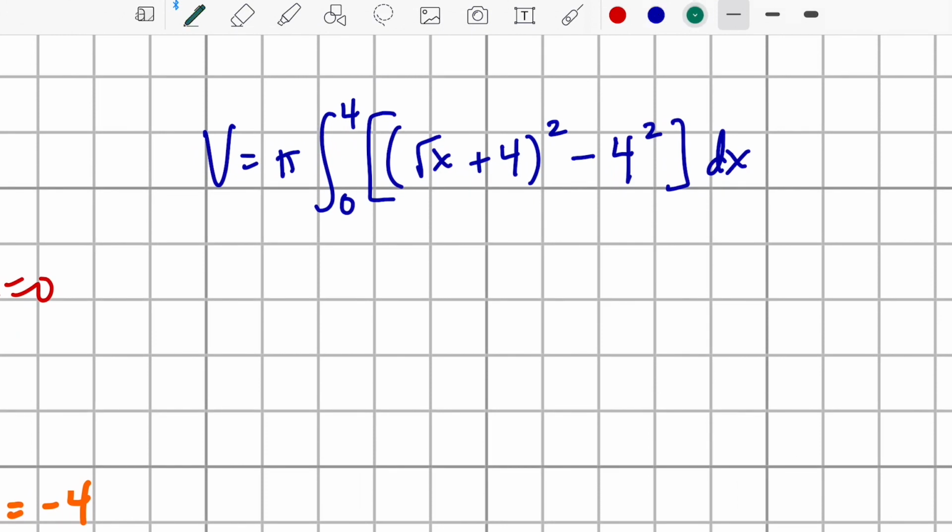Now, let's simplify. So pi, 0 to 4. I'm going to expand this. So remember how to expand that binomial. Shortcut. So if I expand it, I get x plus 8 square root of x plus 16 minus 16.